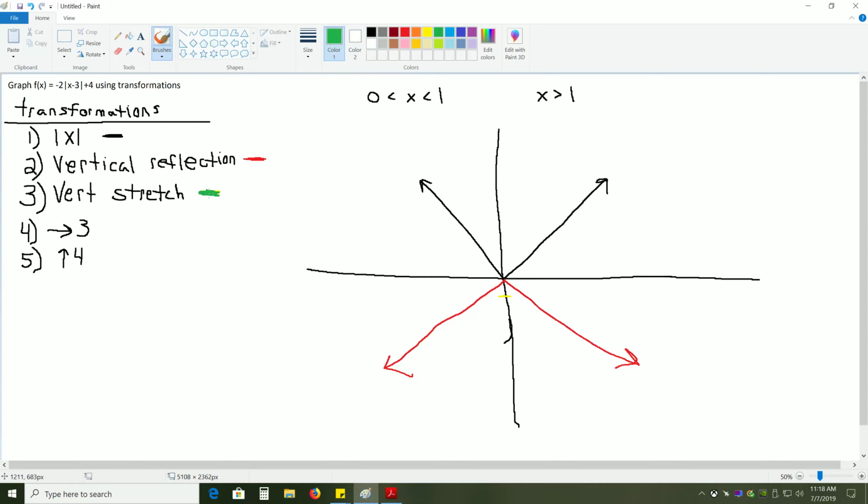I'll switch to green, it's a little easier to see. So let's say that this point on our red graph is at y equals -1. Then if we multiply that by 2, it becomes y equals -2. The new point would be here. Same thing if we take this point here at y equals -2, and multiply that by 2, we'd get y equals -4. We're pulling it down.